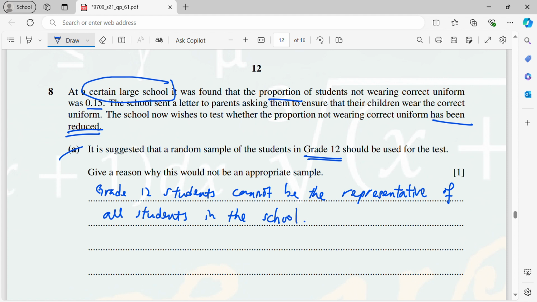Okay, so this is a reason. It should be a random sample.